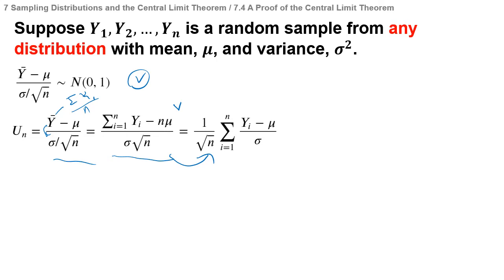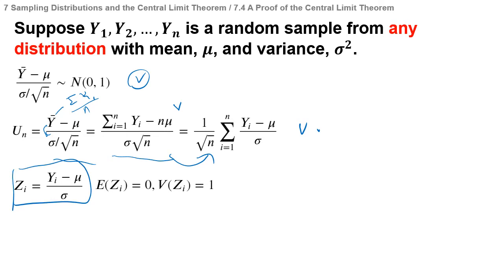And here, after getting this notation, you let zi be yi minus mu divided by sigma. And what you know is that the mean of yi is mu and the variance of yi is sigma squared, so the expected value of zi is 0, and the variance of zi is 1.